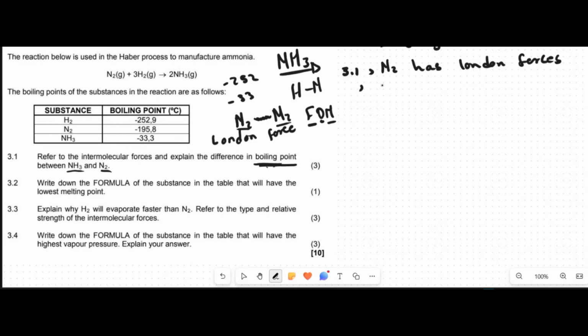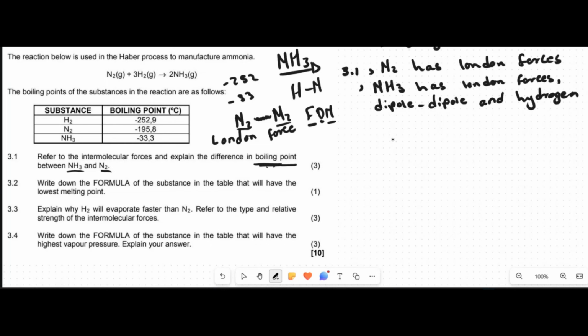Then ammonia, NH3, has London forces. Then it has dipole-dipole and hydrogen bonding.